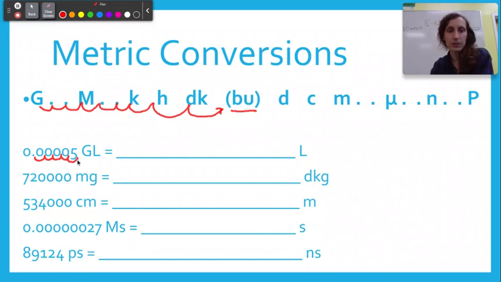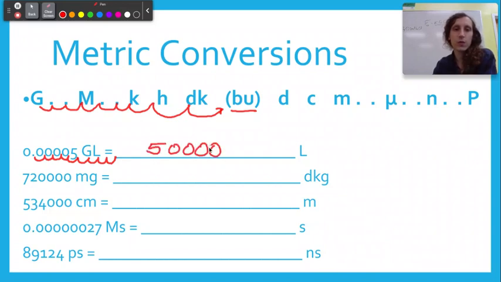So now the decimal is after the 5, and then I need to make 9 places total. So 6, 7, 8, 9. So if I look at the little gaps I've made, I'm going to need 1, 2, 3, 4 zeros after the 5. So I've got my 5, and then 1, 2, 3, 4 zeros. So that is 50,000 liters.